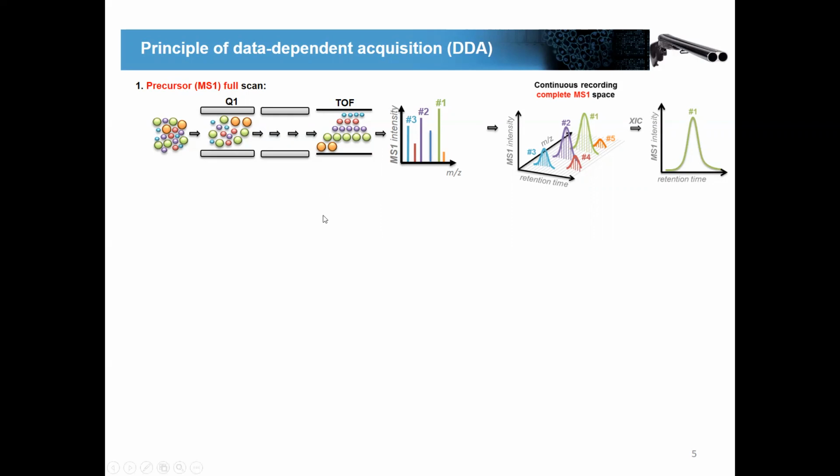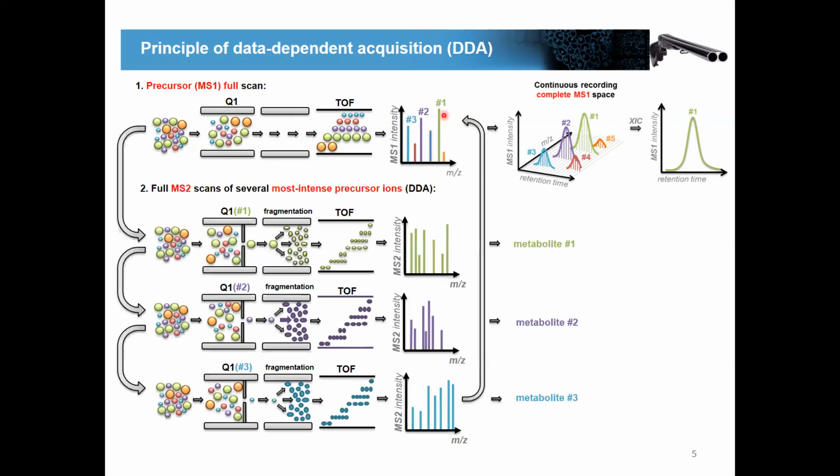Based on this MS1 scan, several of the most intense precursor ions are then selected, and from each of these precursor ions, a full MS2 scan is performed, and the MS2 spectrum is acquired. This is performed for several of the most intense precursor ions.